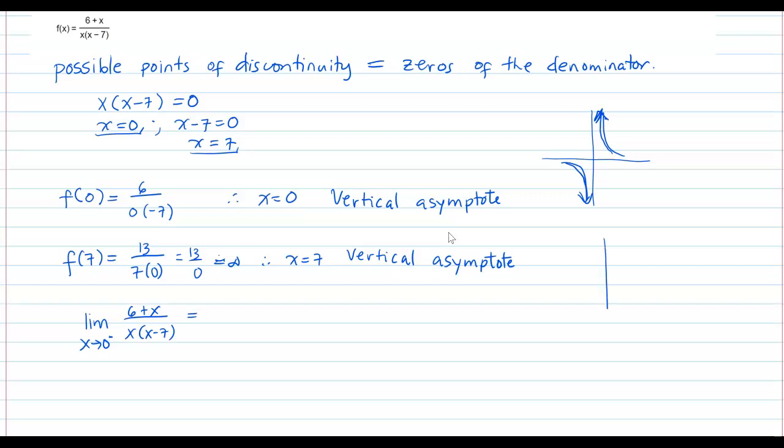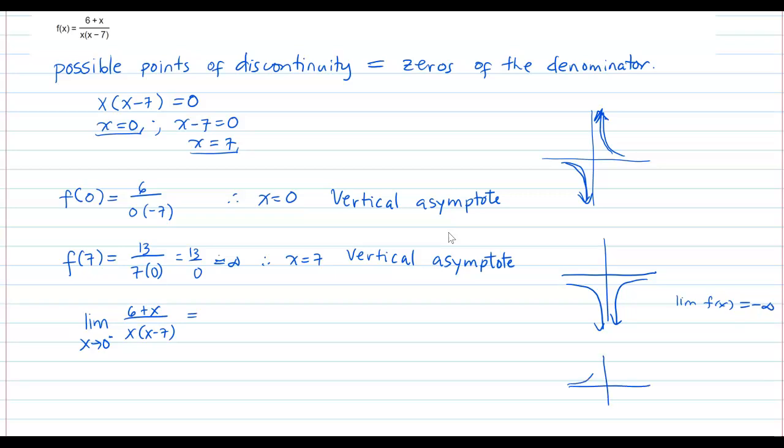But if you have something like this and they both, for instance, approach negative infinity, then we say that the limit approaches negative infinity. It exists, and it's negative infinity. So the limit of that function is negative infinity.